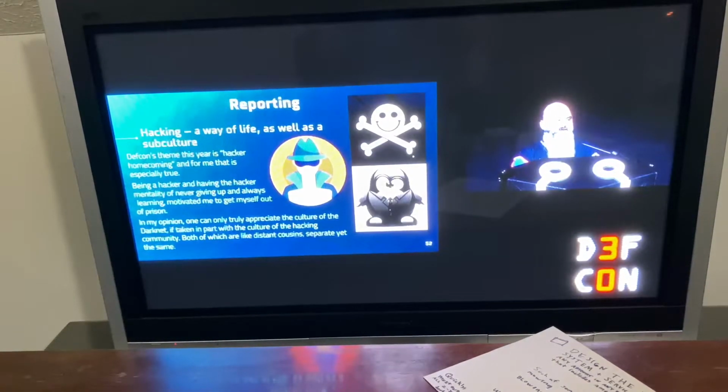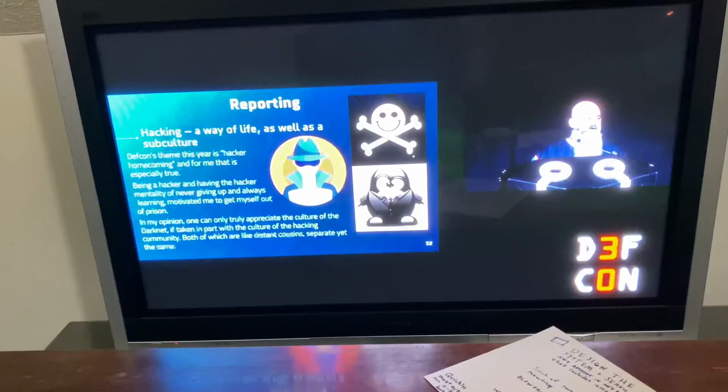Wow. So this year, DEFCON is Hacker Homecoming. For me, that's... You see what he did, he parallel constructed the solution.